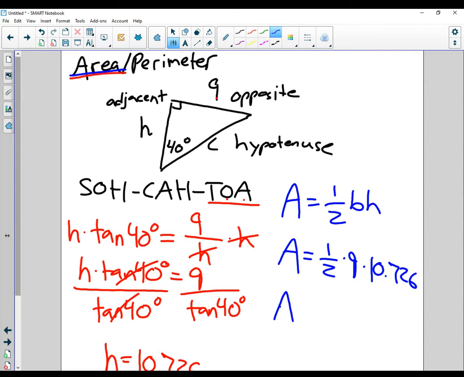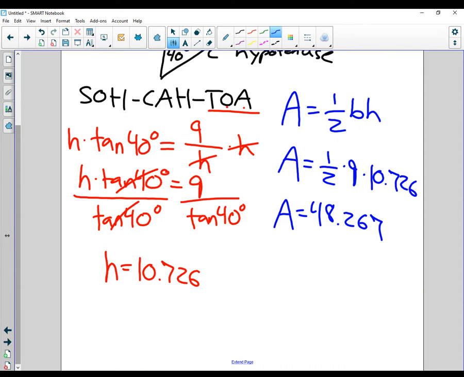And I'm getting 48.267. And then if I round to the nearest tenth, this being the tenth place, six means round up, so 0.3, and then units squared.